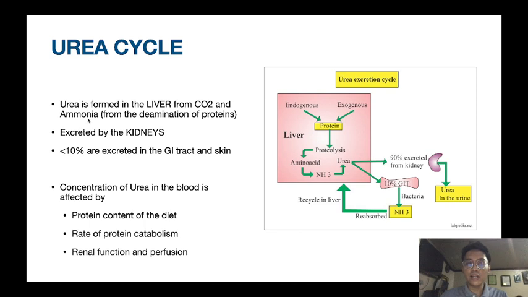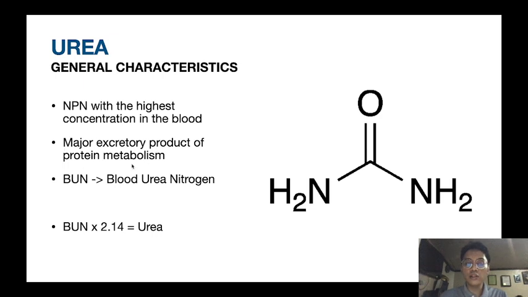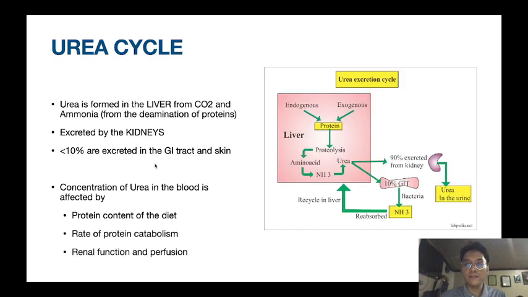Ammonia is derived from the deamination of proteins, because, remember, urea is the major excretory product of protein metabolism. The protein, endogenous and exogenous, for example the protein you eat or the protein from the body itself, will undergo proteolysis, so it is broken down into amino acids.